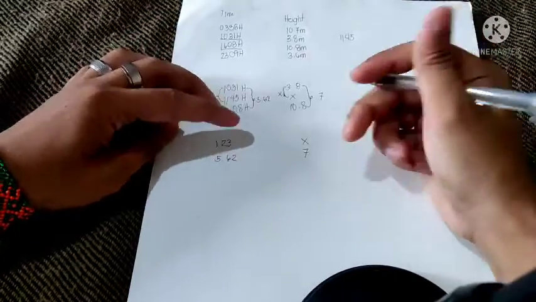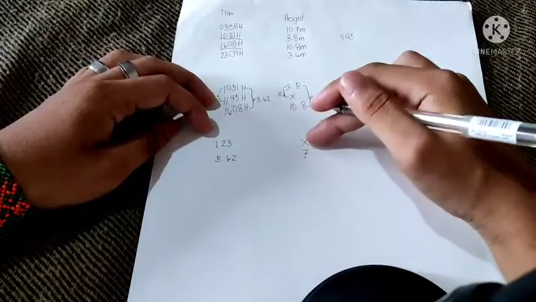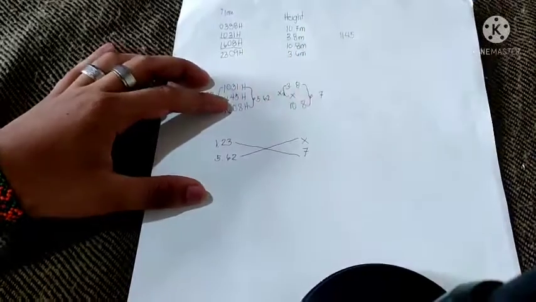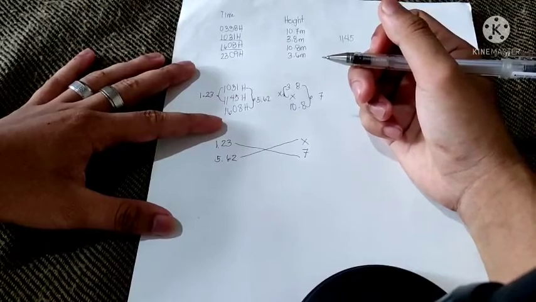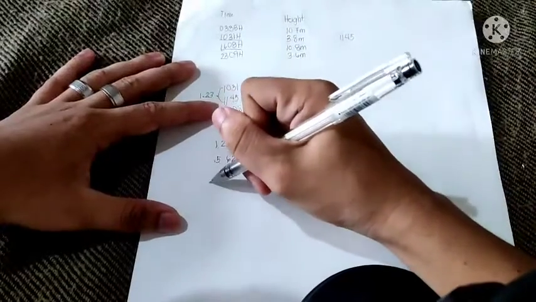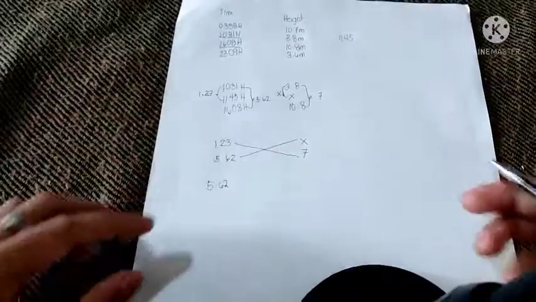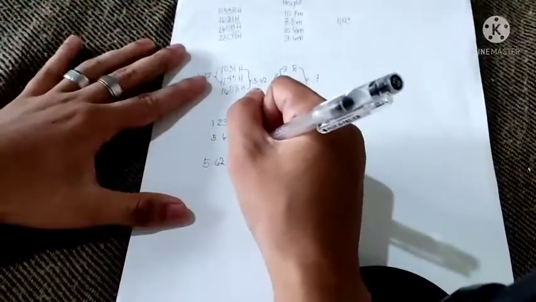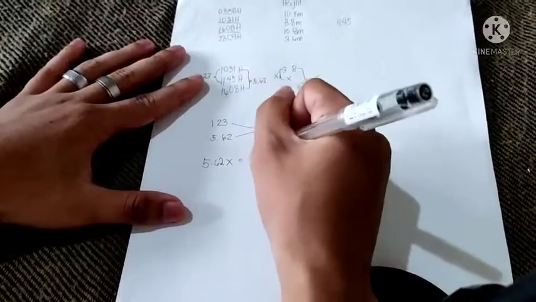So ito ang gagawin natin, lagyan natin ng arrow dito para lalo natin maintindihan. So 5.62, then X is equal to 8.61.